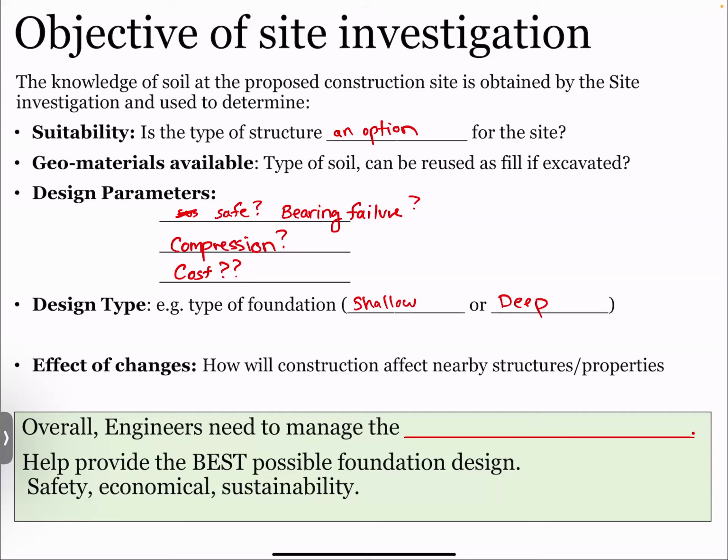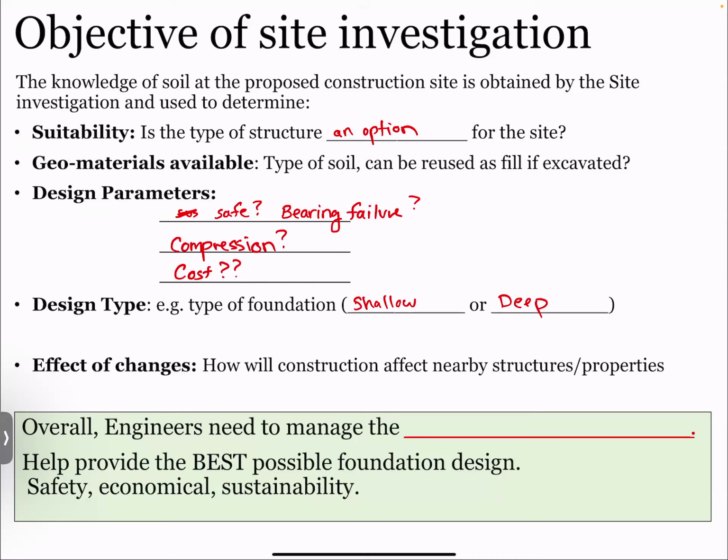This is a big thing in geotech: as soon as construction goes on nearby, all these cracks in nearby structures magically start coming to the surface, and then all these insurance claims and lawsuits come out. So that's something they need to monitor and put in their site investigation: if we do decide to move on with this project, how could it potentially affect some of the nearby structures?